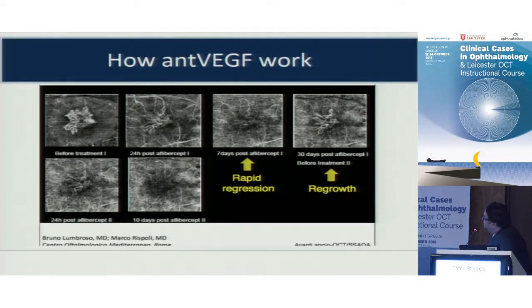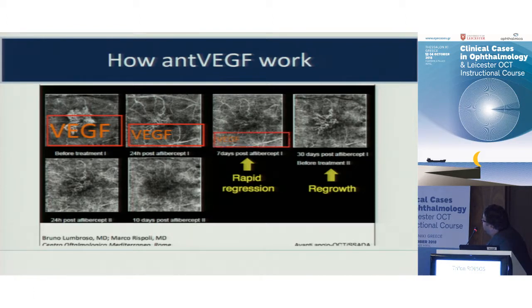So how does anti-VEGF work? The eye has a high concentration of VEGF within the vitreous cavity. And this high concentration of VEGF helps this membrane get active, and it's the actual phase of the disease. But when you inject the patient, 24 hours after the injection the VEGF concentration is getting lower and lower within the vitreous cavity.